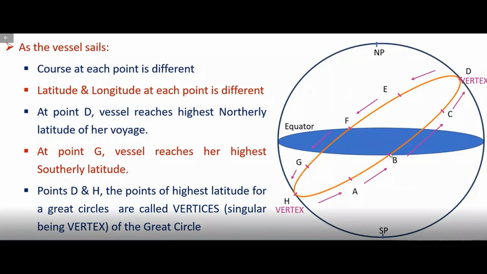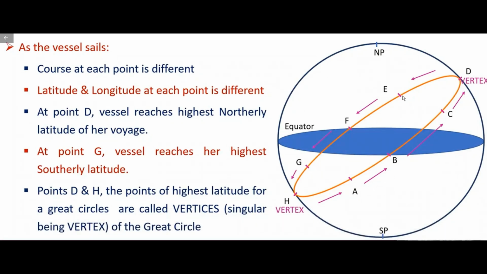But if a ship is traveling from Bravo to Echo, initial position is Bravo, final position is Echo, now in this case the vertex will lie on our track. So both possibilities exist. The vertex can lie within your track, and it is also possible that it does not lie on your track. It all depends upon your initial and final positions.